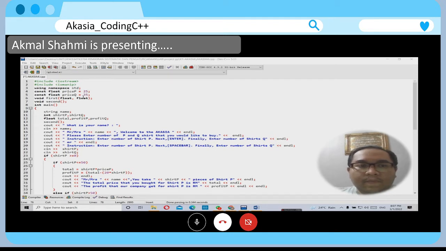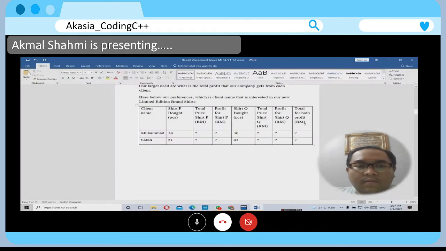So according to our project, our preference shows that there are two clients, Muhammad and Sarah, where Muhammad buys 34 pieces of shirt P and 36 for shirt Q. And then we want to know the total price for shirt P and the profit of it, the total price for shirt Q and total profit for shirt Q, and the total for both profit. Now we start with Muhammad.